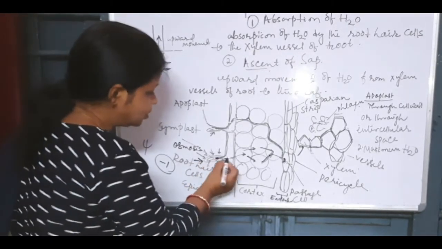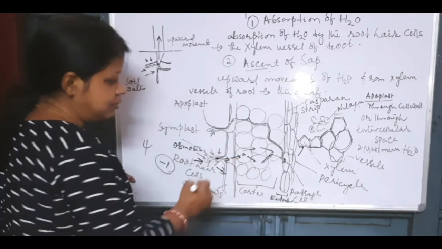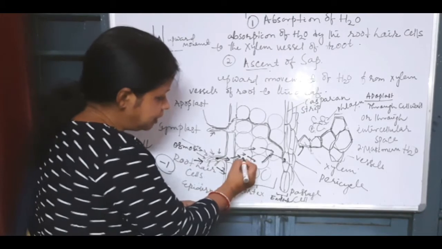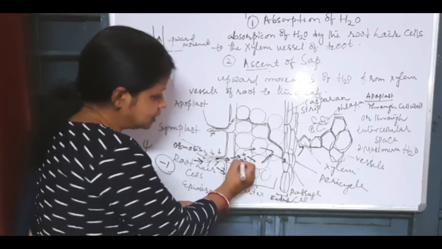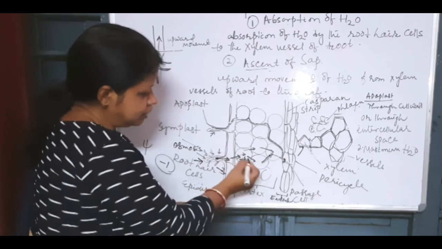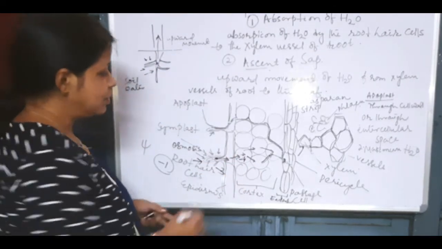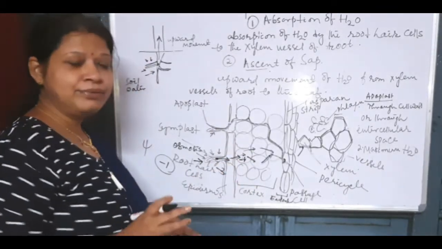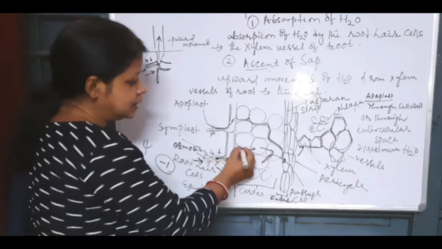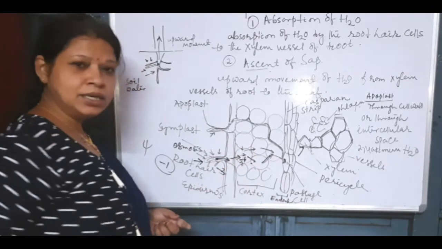Then it goes to the epidermal cell, and in this way, if the water potential of the neighboring cortical cell is -4, then the water will move from this epidermal cell to the neighboring cortical cell. Why is the water potential low in these cells? Because these cells absorb some ions from the other cells.